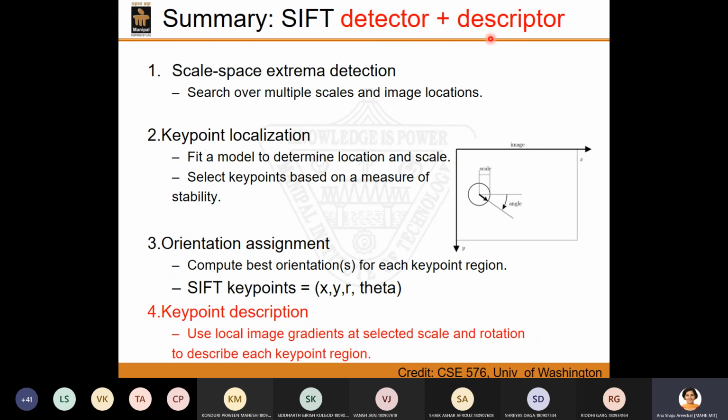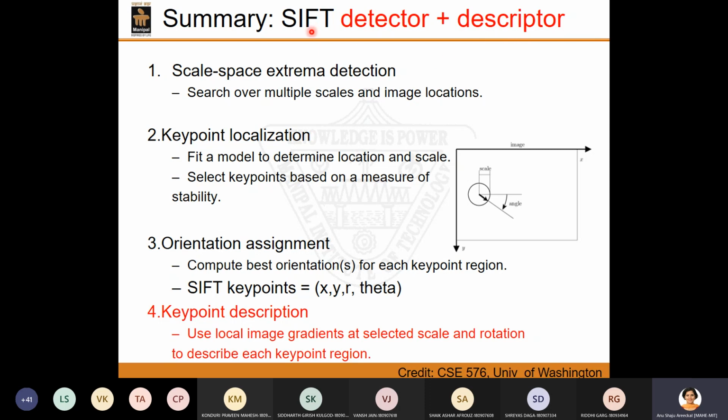There are different other methods that help you find key points. SIFT is one of the most popular techniques for finding key points, and there are others like SURF and BRISK, which are also popular. You can combine different kinds of detectors with the SIFT descriptor, or vice versa.